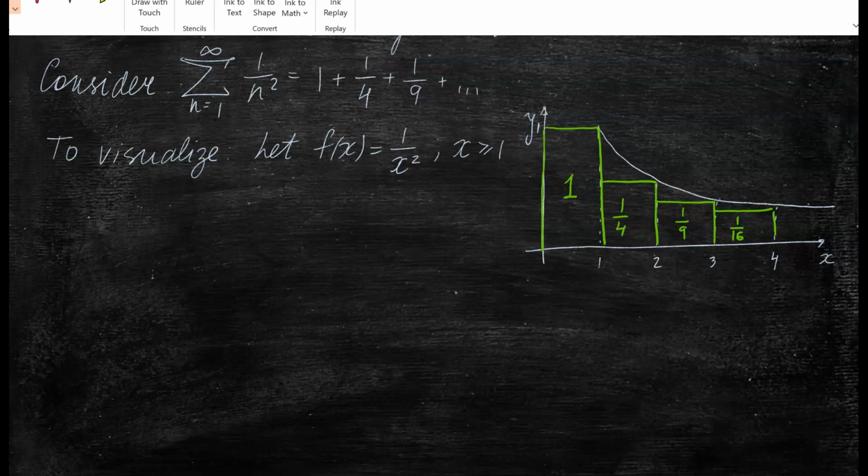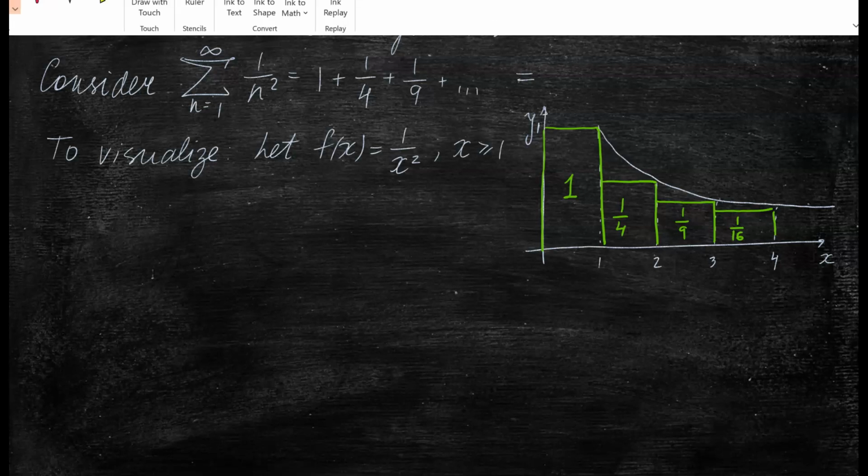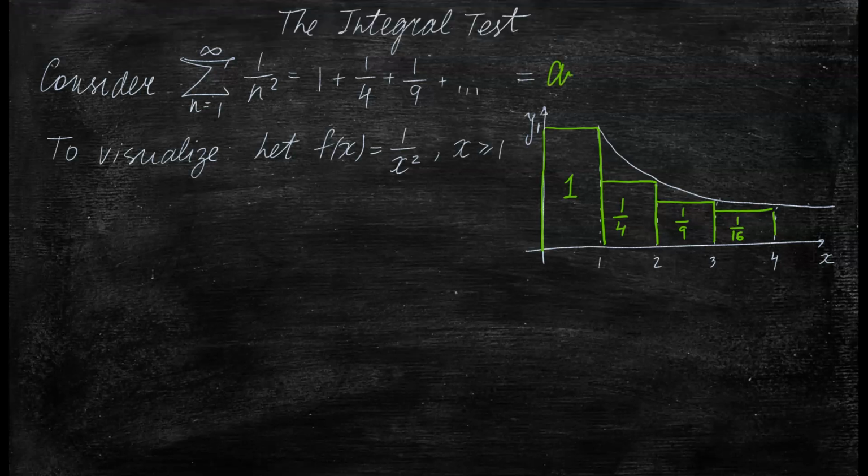So the series, now that we expressed it as the green area, can be analyzed visually, and the question of whether it converges or diverges is the question of whether this area is finite or not.